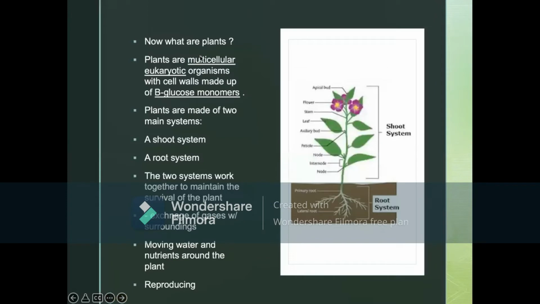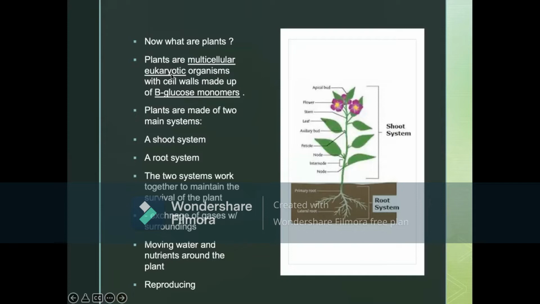All right, so now what are plants? Plants are multicellular eukaryotic organisms with cell walls made up of beta-glucose monomers. This means that they have more than one cell, and eukaryotic distinguishes the plants from other organisms by the presence of the nucleus inside their cells.